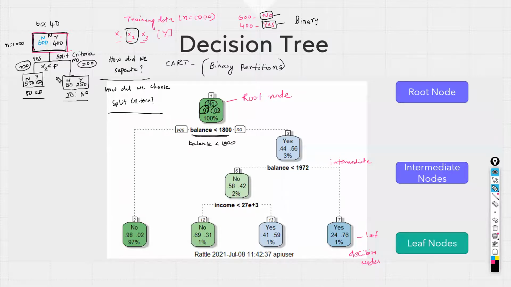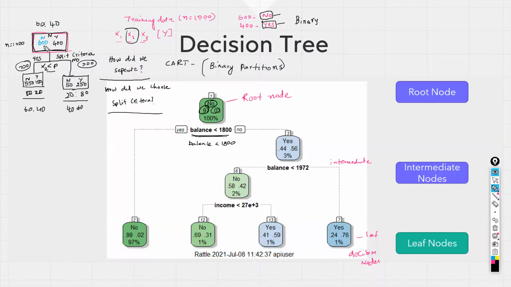Now we know this criteria is able to separate these observations which belong to no class and which belong to yes class. But how can we say that the separation has improved if it is something else instead of 80-20? If it is, let's say again 60-40 here, or if it is like 40-60 here, again, there is no improvement.